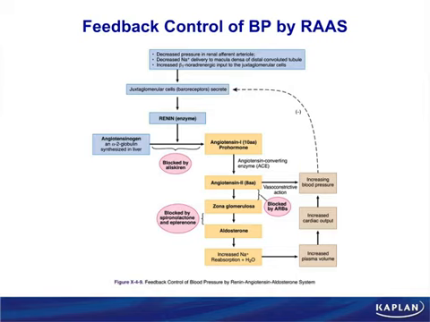And remember that we're very big on you knowing what blocks the effect of something versus blocking the level. Spironolactone and eplerenone block the effect of aldosterone. ARBs block the effect of angiotensin II. ACE inhibitors block the level of angiotensin II.